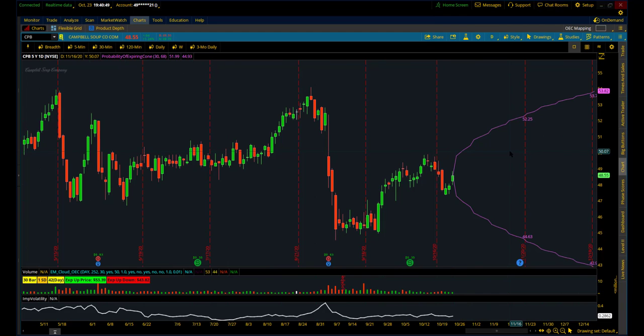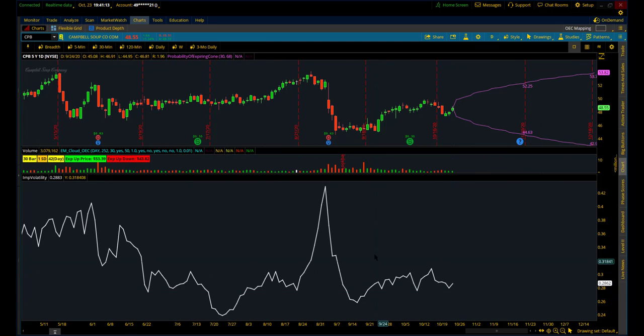So this is something that people overlook, but as we come into earnings, the market makers don't want that expected move to change. They want it to hold still so that people can, quote, place their bets. Well, how do you make expected move stop growing while also increasing the expected move?